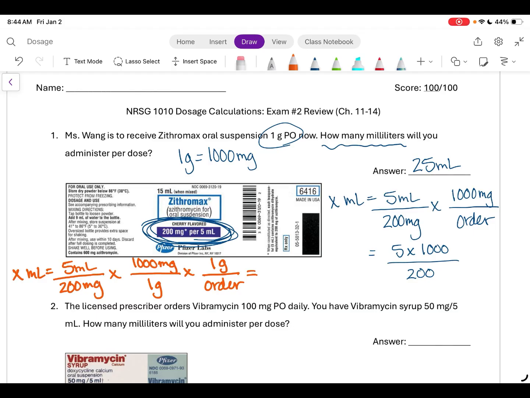And so this cell becomes 5 times 1,000, and you divide by 200. You'll get the same 25.